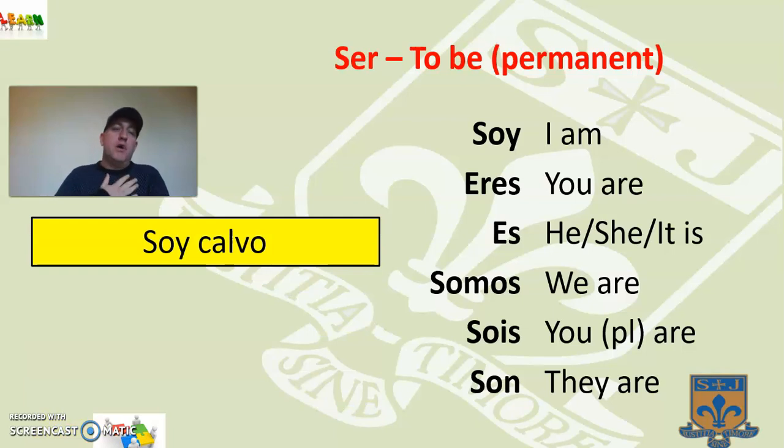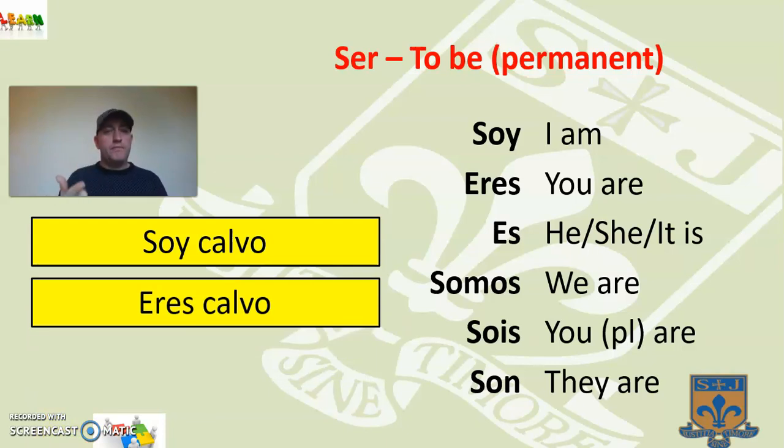Okay, now if I'm describing me, I will say soy calvo. I am bald. Okay, that's why I've got this on. It's not why I've got this on, but either way, soy calvo, I am bald. So if I wanted to say someone else was bald, I'd look at this list here and I'd think, right, if I'm talking to one person, it would be the second one down. It would be, eres calvo. Soy calvo, eres calvo.